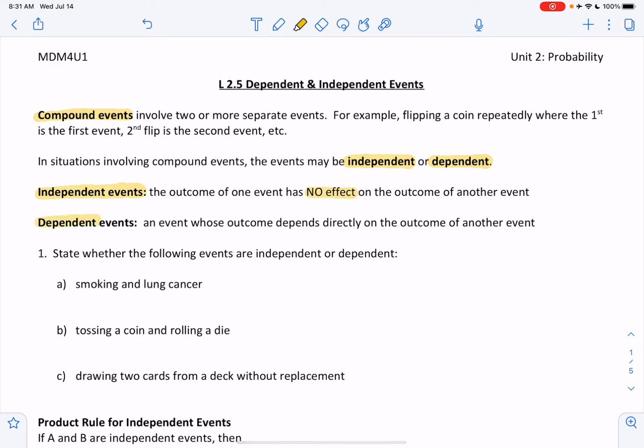Now for dependent events, these are events in which the outcome depends directly on the outcome of another event. So depending on how the first event went, this changes the probabilities of outcomes in the second event. So what we're going to do first is just think about some events and try to determine if they would be independent or dependent.